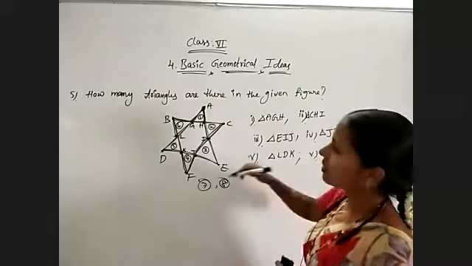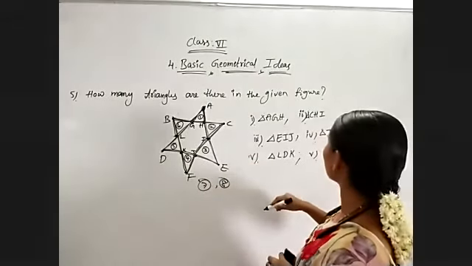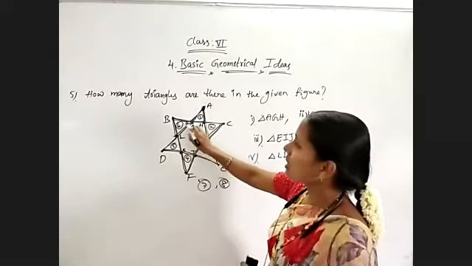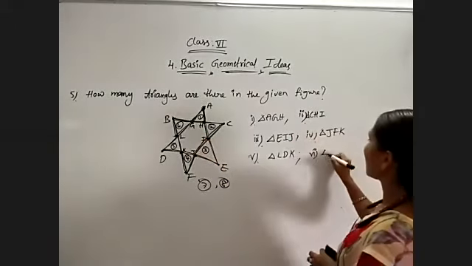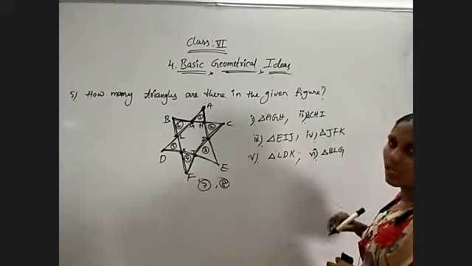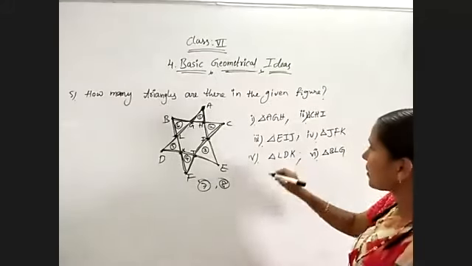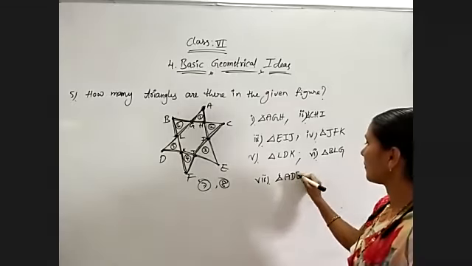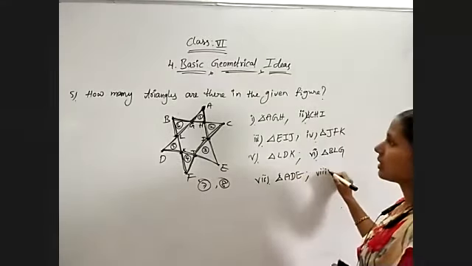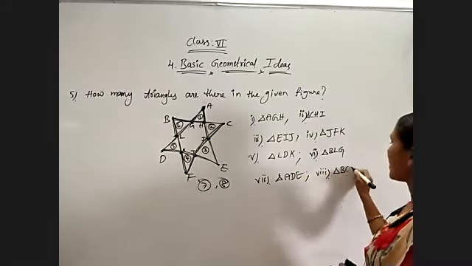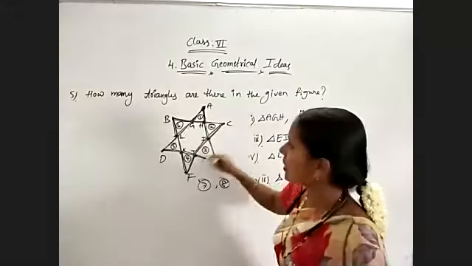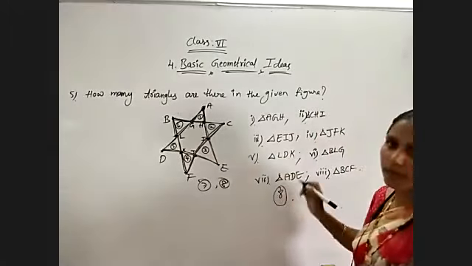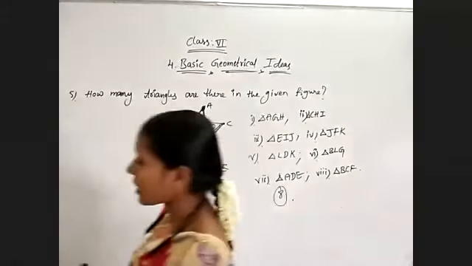And sixth one, LGB, BGL or BLG, anything. Triangle BLG. And seventh one, triangle ADE. And eighth one, triangle BCF. These are the triangles, and the total number in the figure is 8. So total 8 triangles are there in the figure.